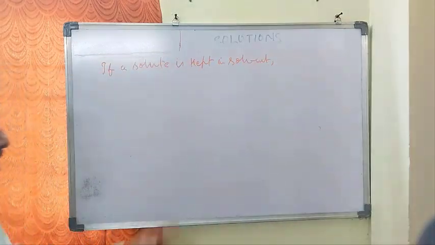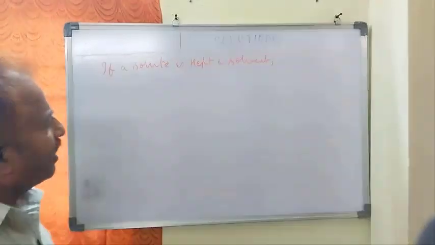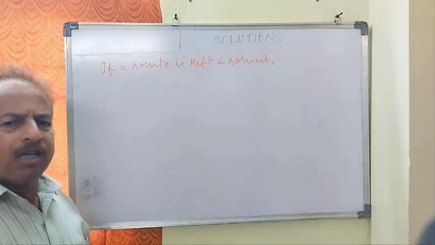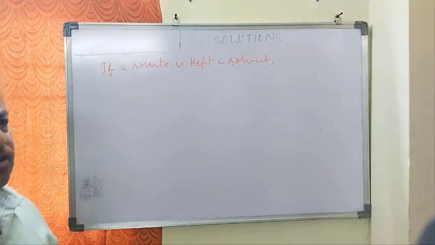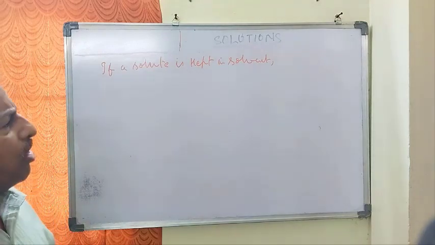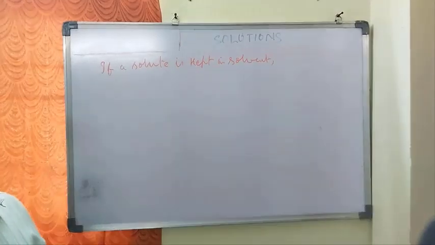We discussed that AA interactions and BB interactions become weaker, and finally new interactions between solute particles B and solvent particles A develop, and of course the solute is soluble in solvent.